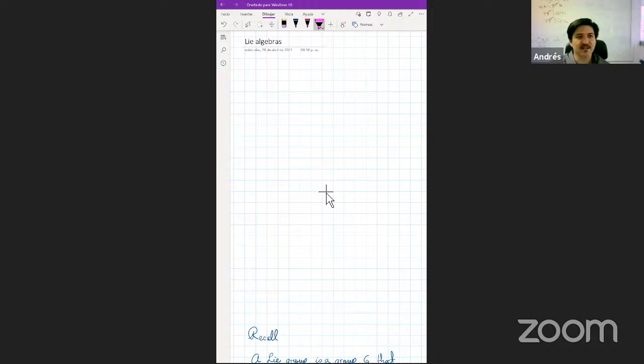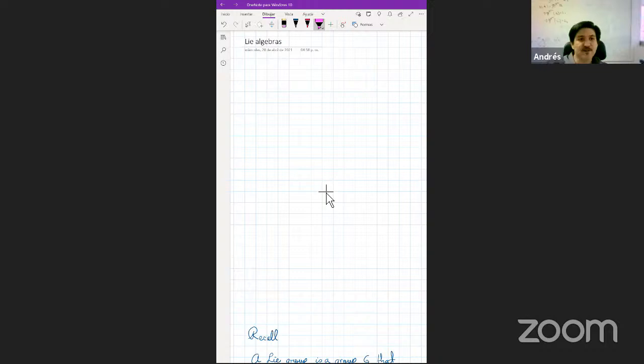Having that bracket, we can think of it as a product, and so the space of vector fields becomes an algebra. Sometimes it is called the Lie algebra of vector fields. So now we are going to see exactly what it means to have a Lie algebra.